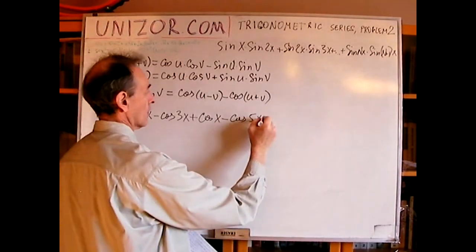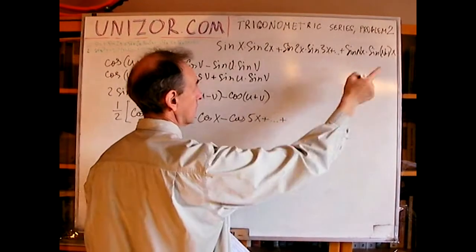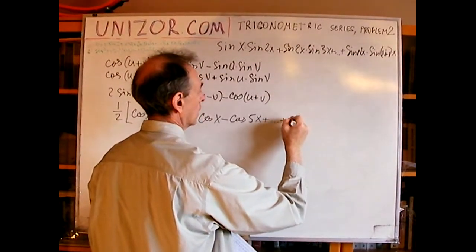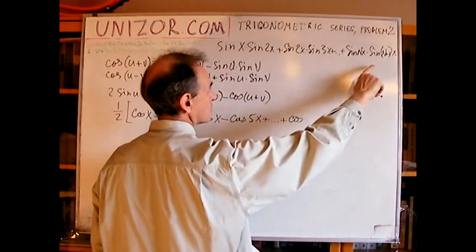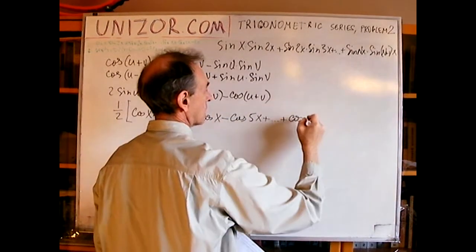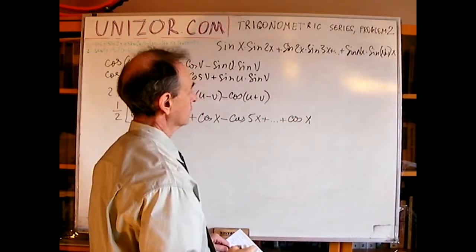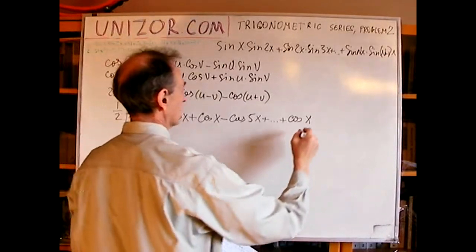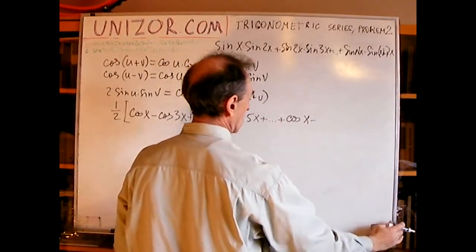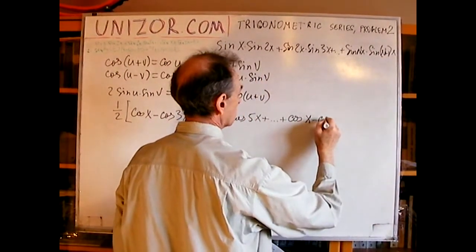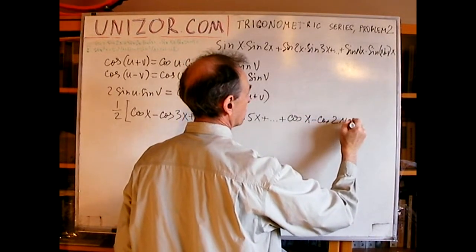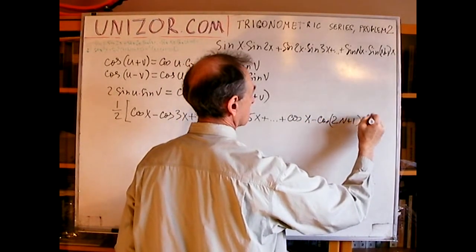So, etc. plus. And the last one would be cosine of the difference, which is, again, minus x, but cosine is an even function, minus cosine of (2n plus 1)x.